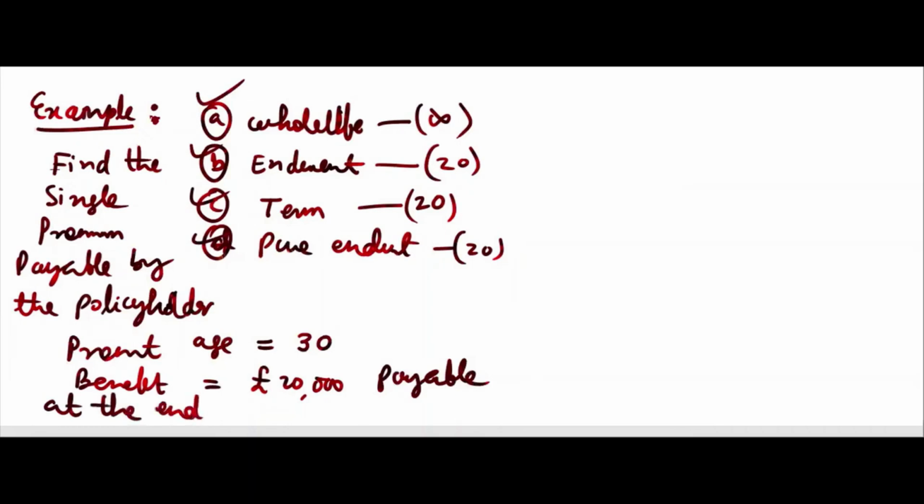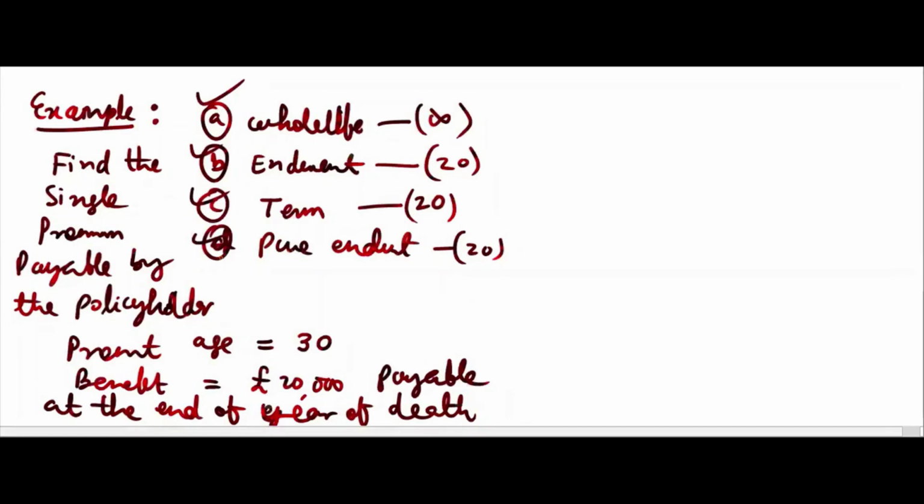We are discussing only this one. What else do you need? You know the age, you know the benefit, you know the time of payment. You might ask, what is the pure endowment benefit? If nothing is given, both are the same: if he dies, 20,000; if he survives, also 20,000.